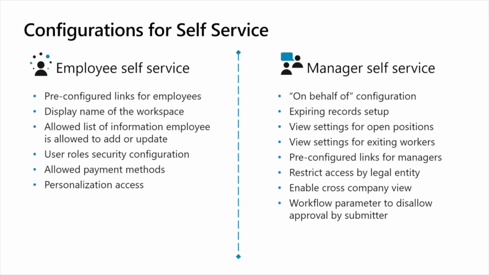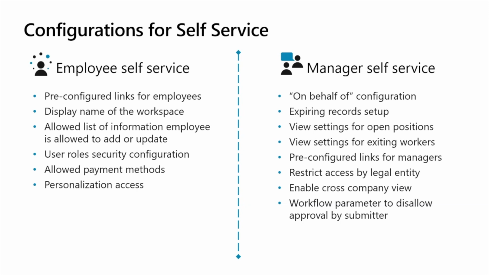Then for manager self-service, there are a few more options to consider. First is the setup to allow or disallow specific information which a manager is allowed to enter or submit on behalf of their team, such as certificates, leave and absence requests, courses, etc. There are view configurations regarding how managers should be able to see the expiring records. So you saw the tiles and expiring records.